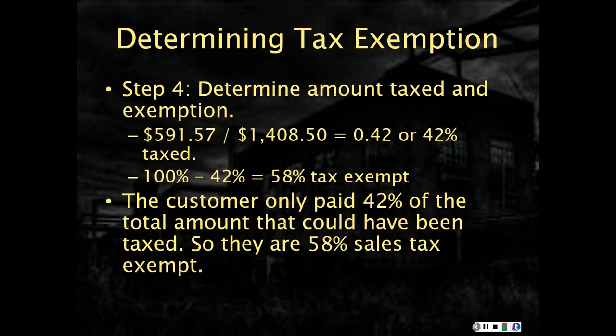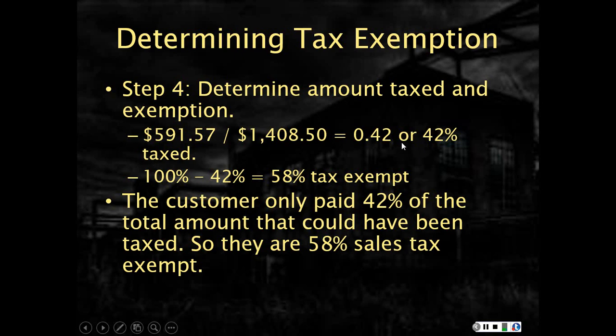Step 4, determine the amount of tax and the amount of exemption. If I take what they did pay over what they would have paid at the full taxable rate and divide those two, I get 0.42, or 42%.